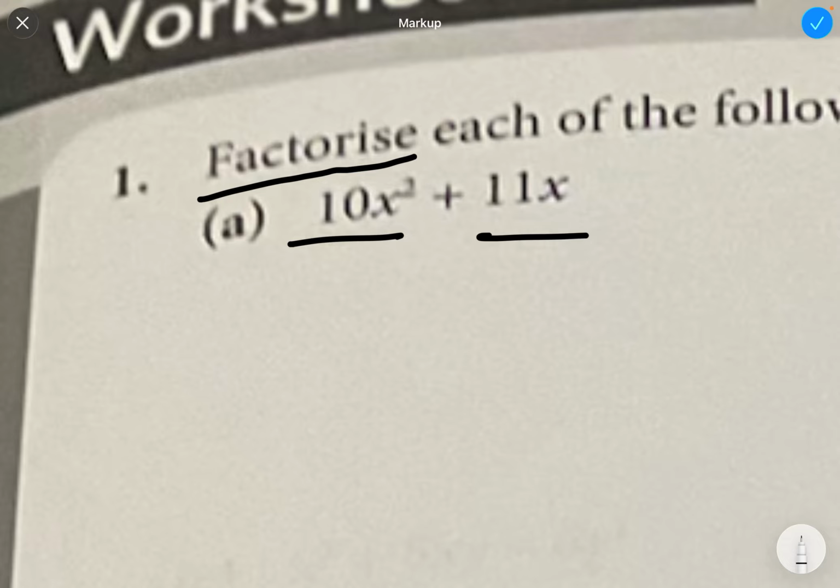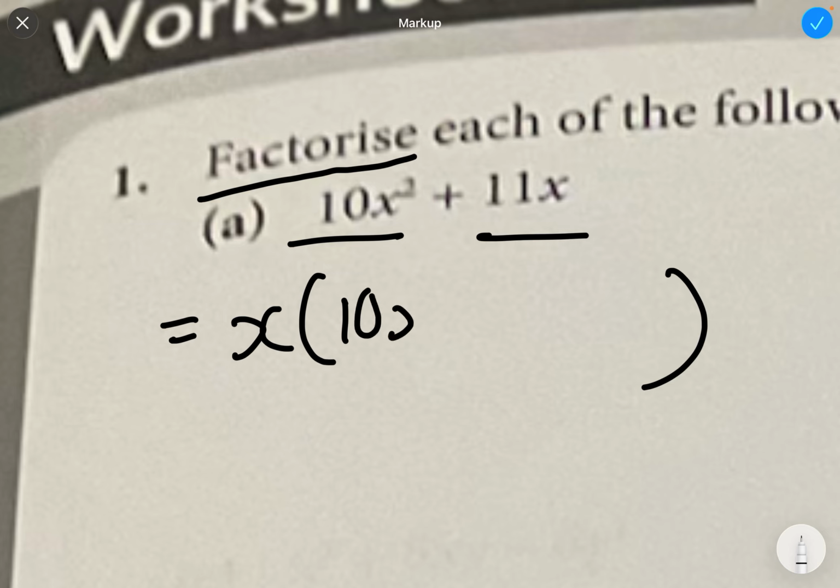Then we look for the common factor. 1 has x squared, 1 has x. Both x and x squared can be divided by x. So we can factorize x. And then I will have 2 terms inside my bracket. 10x squared divided by x, 10x. Plus 11x divided by x, plus 11. Answer.